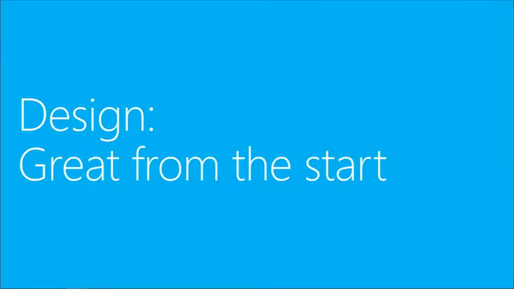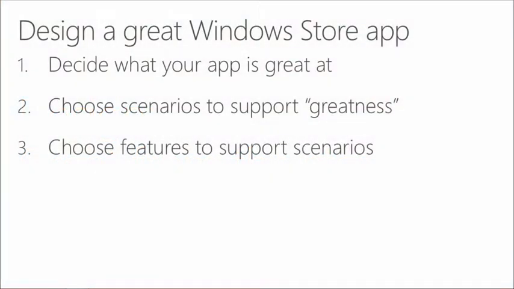Now, when you start thinking of an app, you want to think of what your app is great at. And that's really the place to start, because this will give you focus for the rest of the design and development of your application. And the steps we'll go through in this session is first decide on what your app is great at, and then we'll look at the scenarios to support that goal of your app, and look at the features that support the scenarios for that app, and how you can brainstorm around that and make your decisions what to do and what not to do in the app.